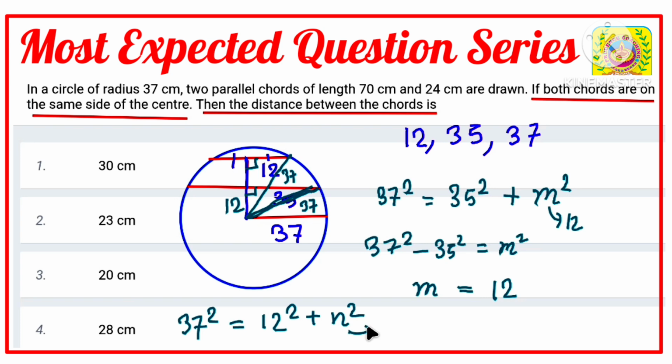Similarly now with this triplet directly you can say that n will be 35, or you can find it using this. So you are getting this whole thing as 35. So from this 35, from here if we subtract this much, that is 12, directly we are getting here 23, that is nothing but the distance between the chords. So your answer will be option number 2.